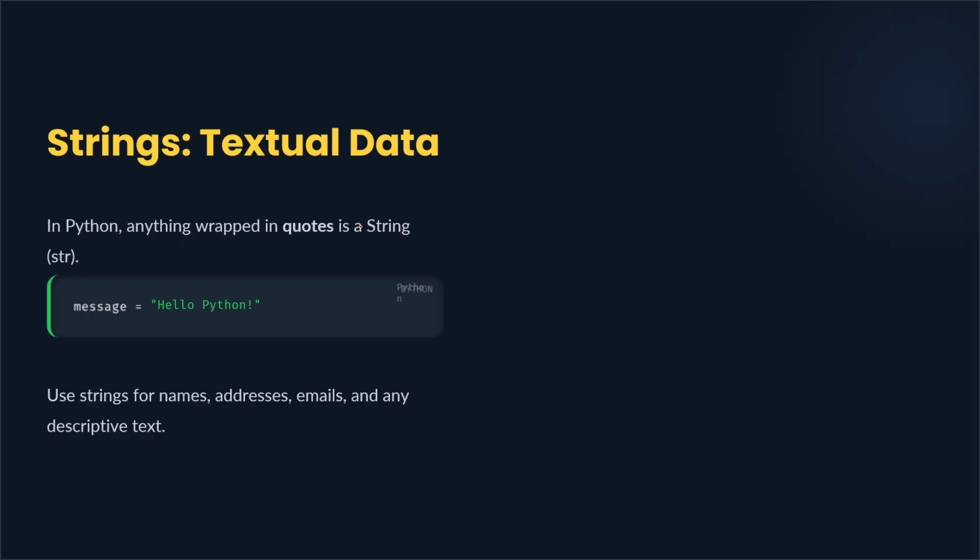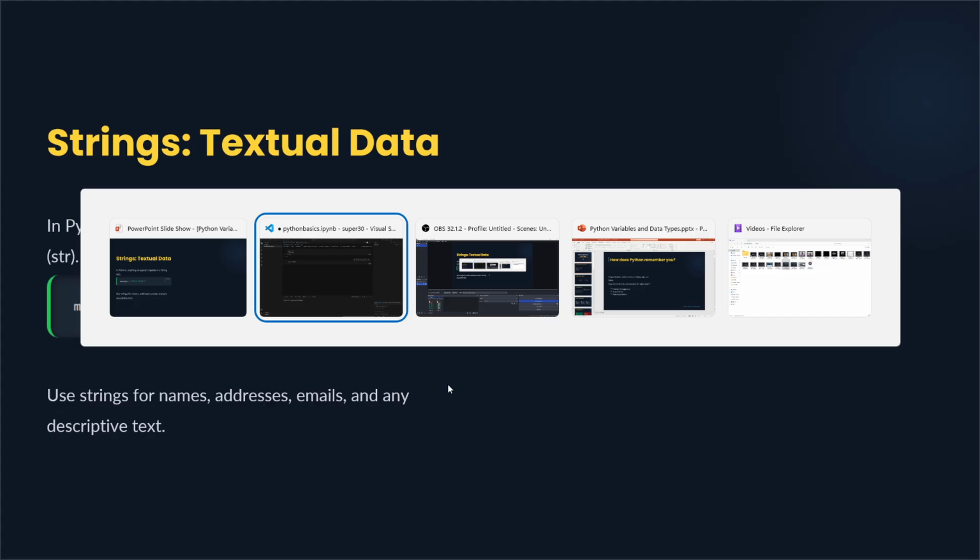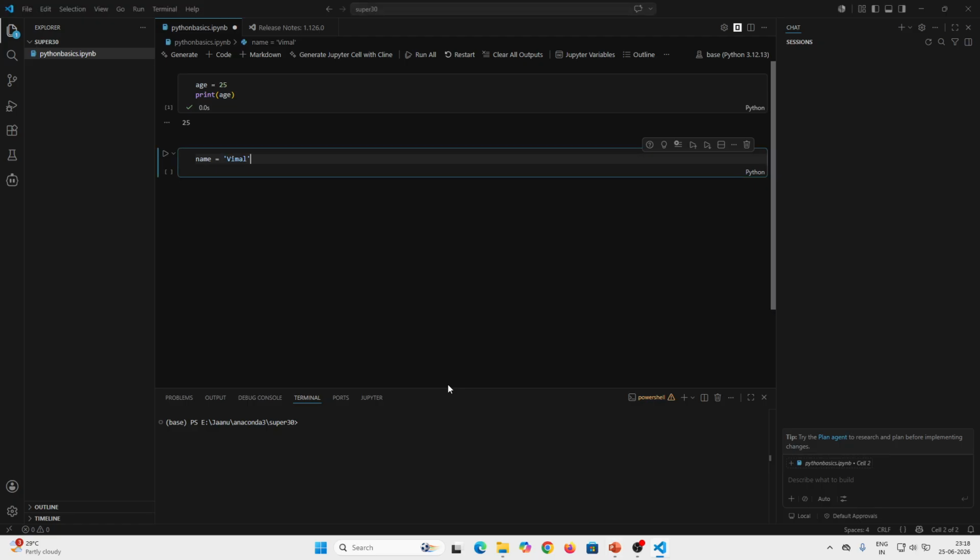I'll show you how to define this textual data in the programming environment. We have already defined name. Here name is equal to Vimal. This is textual data. This is how we define textual data.